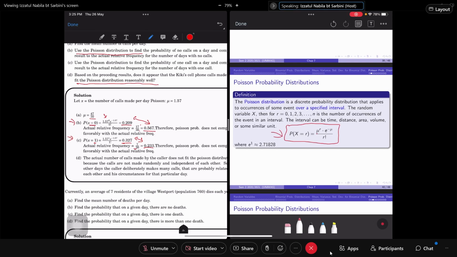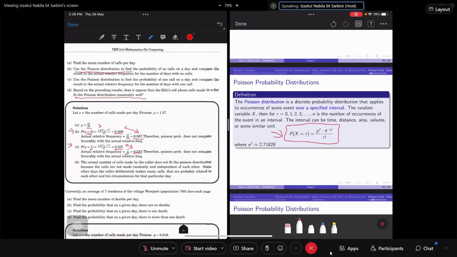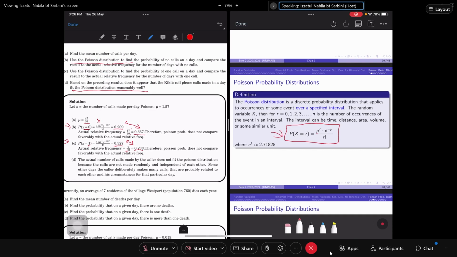You can see that when you use Poisson distribution and when you use relative frequency, both results give a big difference. So in this case it means that the actual number of calls made by the caller does not fit the Poisson distribution. So we cannot use the Poisson distribution in this type of case.